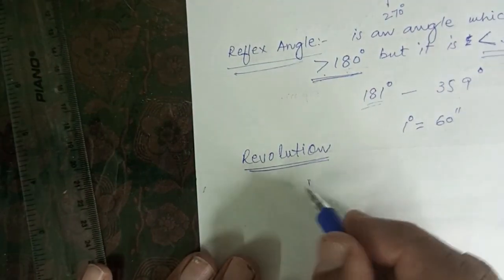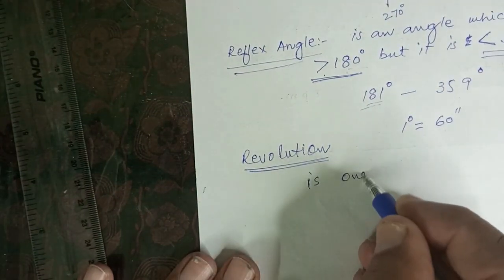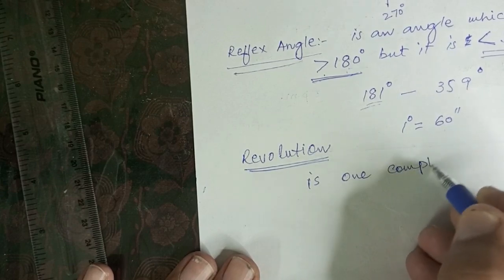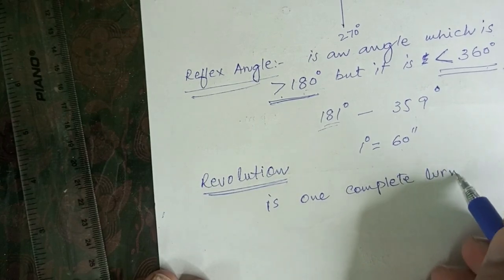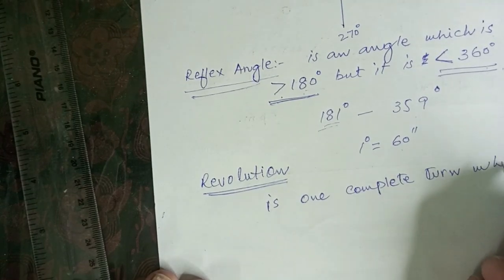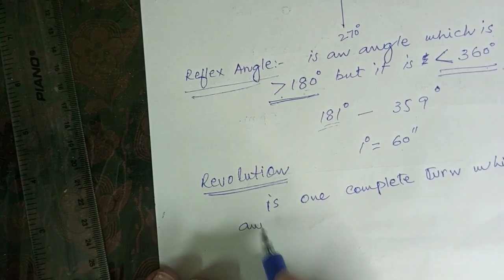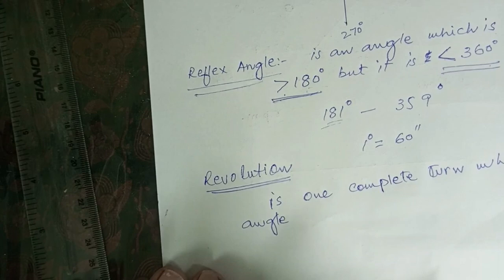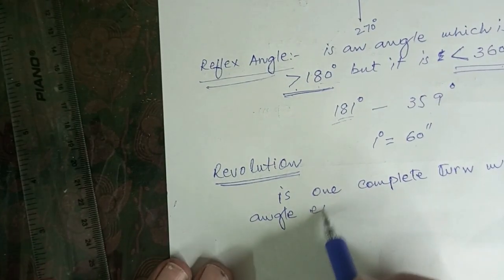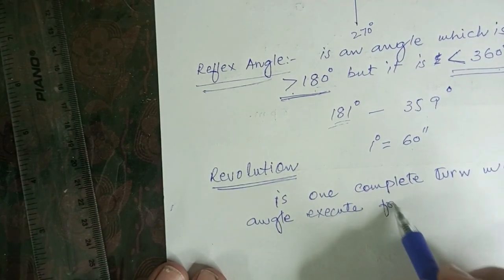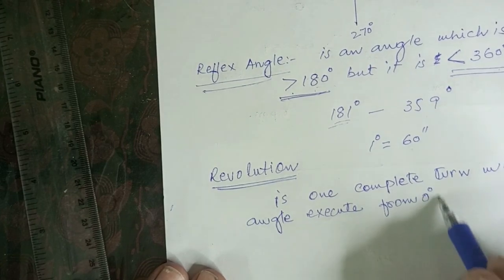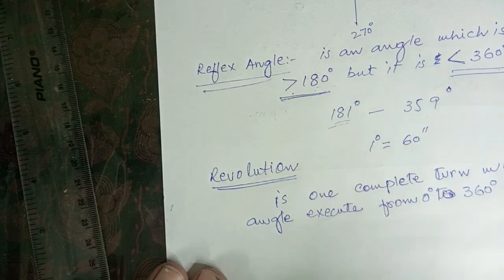Now, a revolution is one complete turn which an angle executes from 0 degrees to 360 degrees.